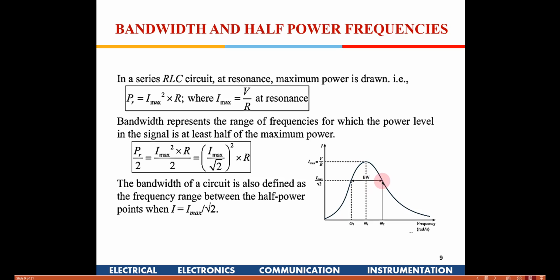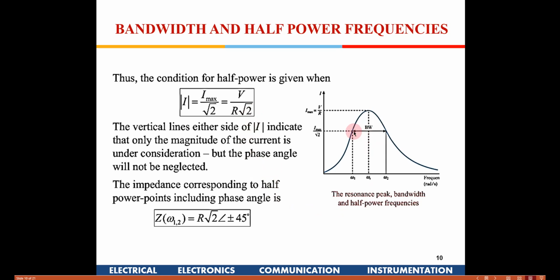We define this as bandwidth: omega 2 minus omega 1. This is the bandwidth of the circuit.